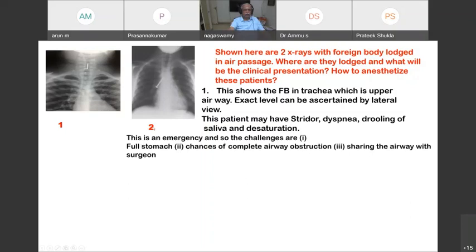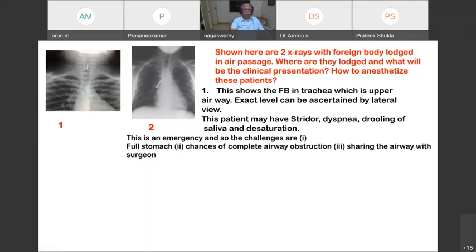So the 3 problems or challenges you will be facing in this case: it's a life-threatening emergency, maybe a full stomach problem, complete airway obstruction where you cannot ventilate or intubate, and sharing the airway with the surgeon. So you have to adjust your anesthesia in such a way that you give the entire airway to the surgeon and at the same time maintain oxygenation of the patient. This is a common problem that you come across in any foreign body, especially in toddlers. So if this question is asked, you have to recall all these things and answer.